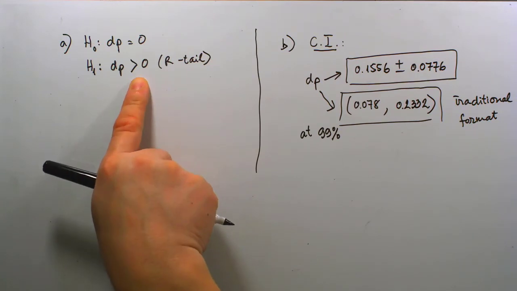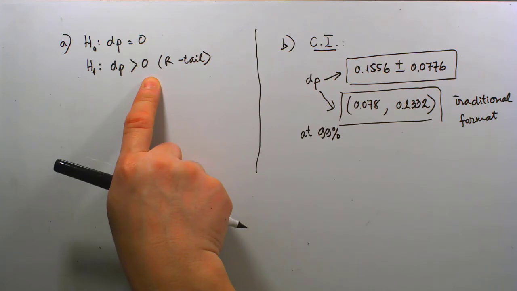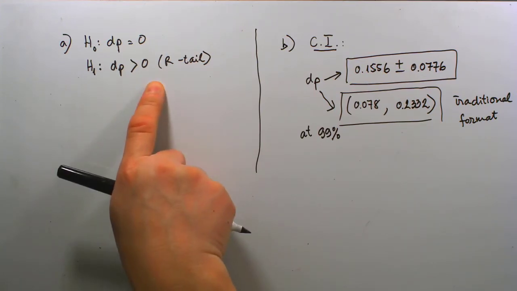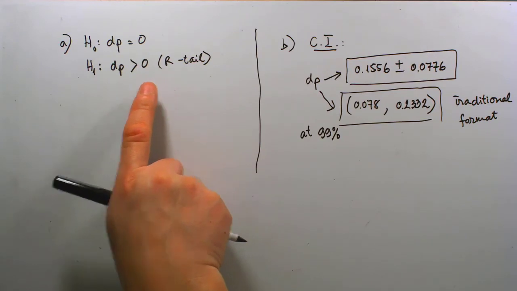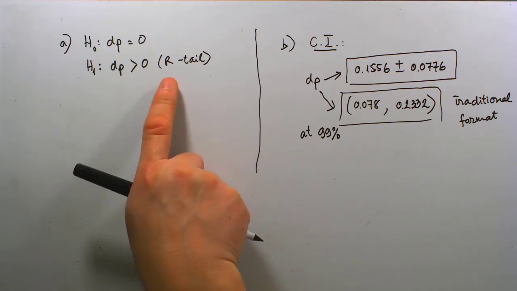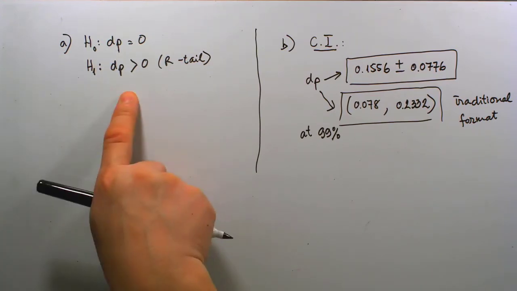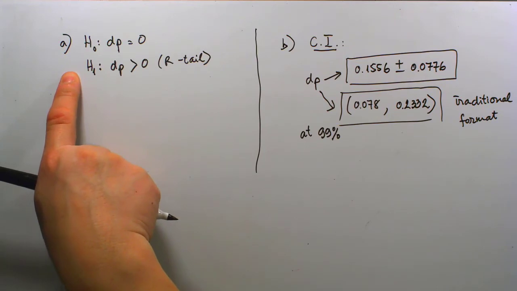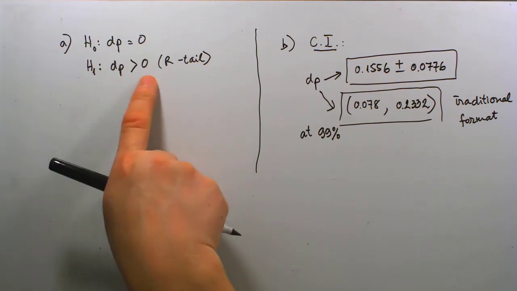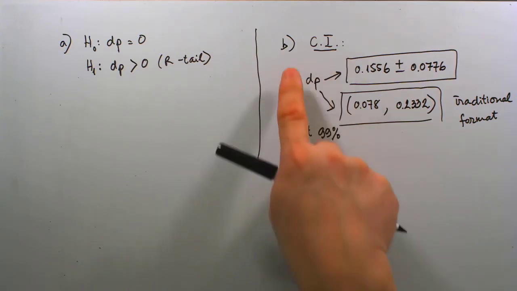But now, how far above 0? Is it only by a small amount, 0.05, or a larger amount, 0.5, or an even larger amount like 1 or 2? We did not know that answer at the end of part A, because the only thing H1 was stating is that dp was above 0. And so this is how useful the answer in part B is.